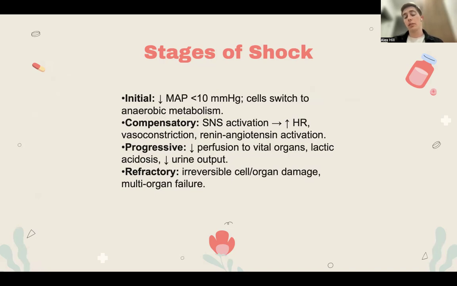So you might not have an increase of heart rate. Most of the time, that's not the issue. Your body's going to be able to fix it. So you have an increase of heart rate, vasoconstriction, RAS system, right? It's trying to maintain that blood pressure, hold on to the fluid. Progressive stage, you're having a decreased perfusion to vital organs. Things are getting really bad. Lactic acidosis, decreased urine output because you're not perfusing the kidneys. And then final stage, irreversible cell organ damage.